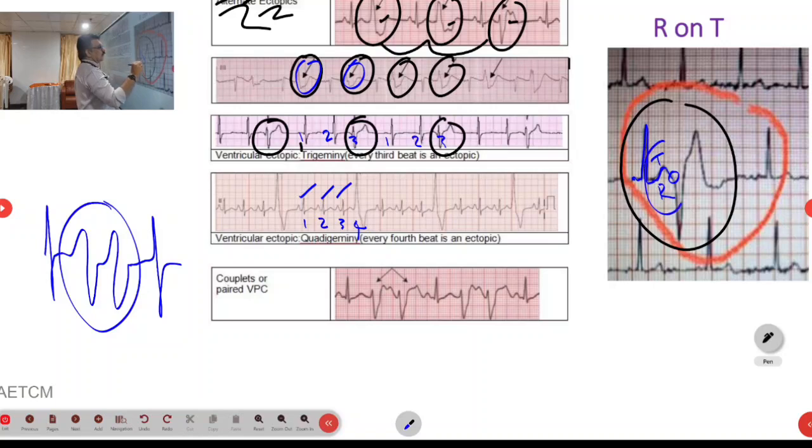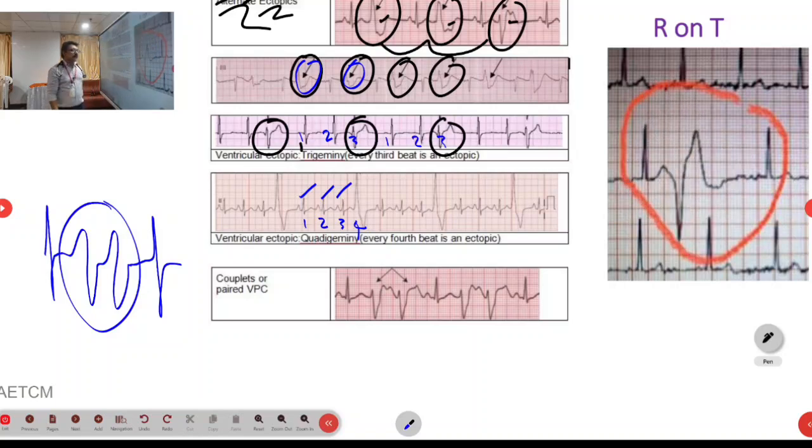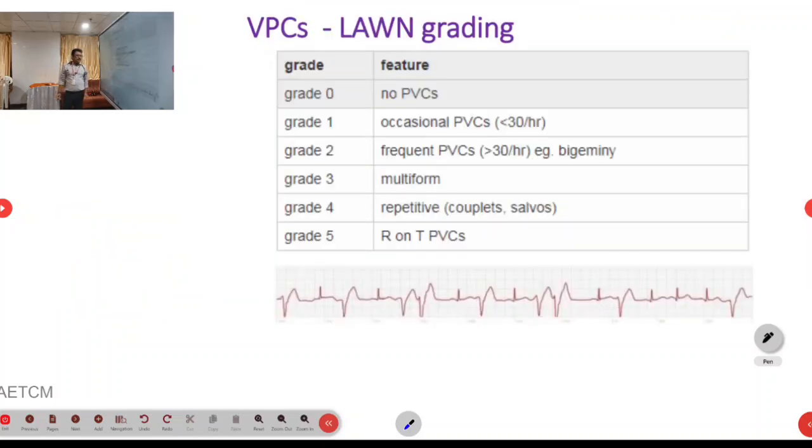R on T phenomenon followed by an ectopic is very dangerous. This patient can develop ventricular arrhythmias. So R on T phenomenon is also a dangerous type of ectopic that you should remember: the R wave of the ectopic falls on the T wave of the previous QRS complex.